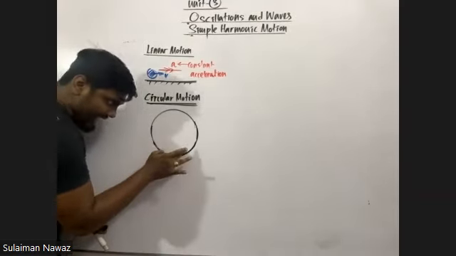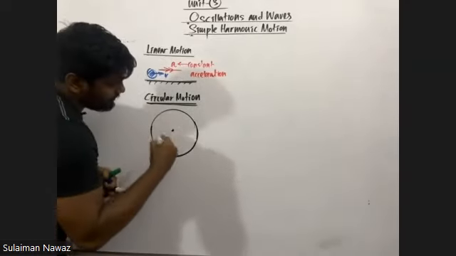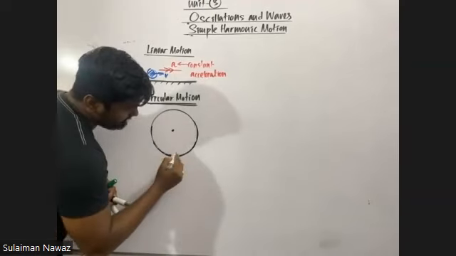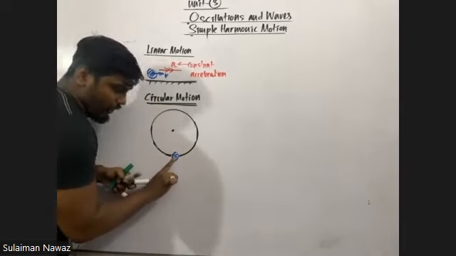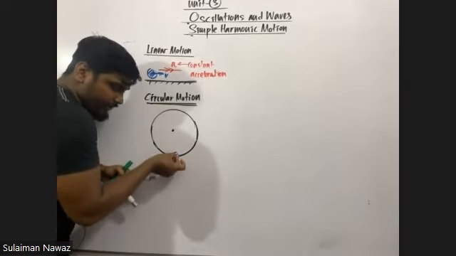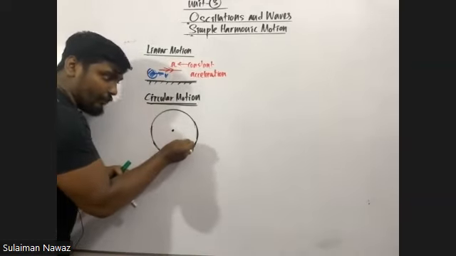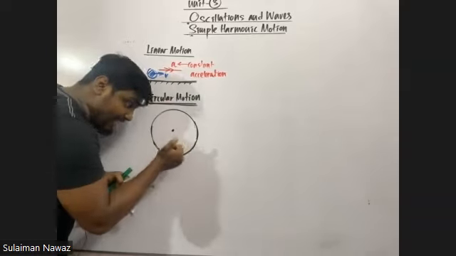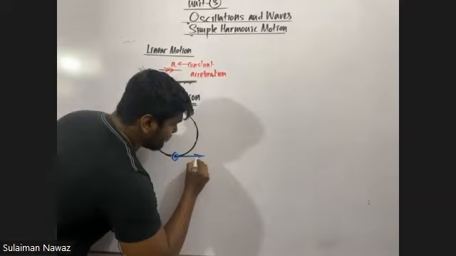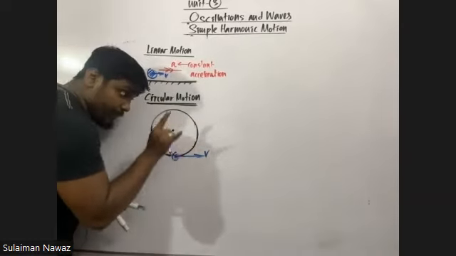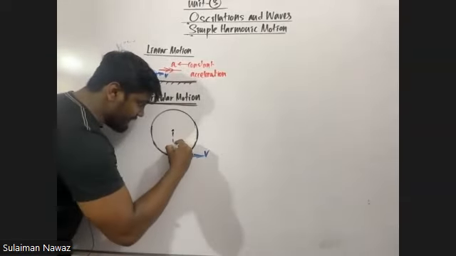In circular motion, the important characteristic is, always understand, tangential velocity. When an object moves in a circular motion, at any point the object's tangential velocity is always perpendicular to centripetal force, if not, centripetal acceleration.